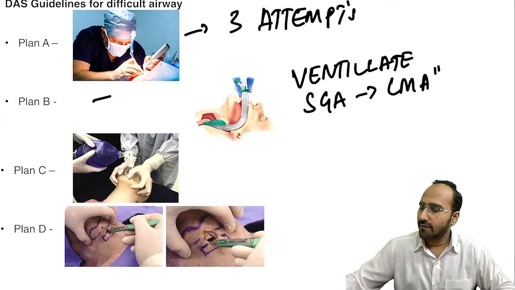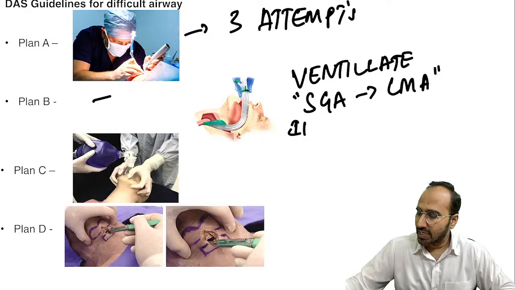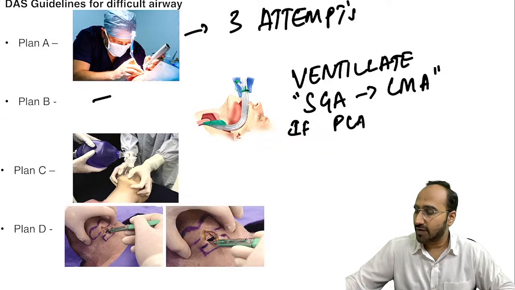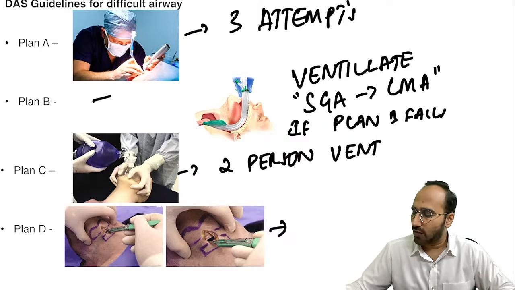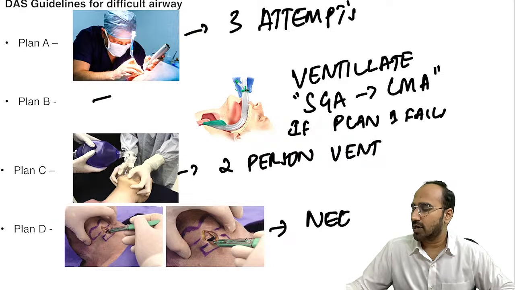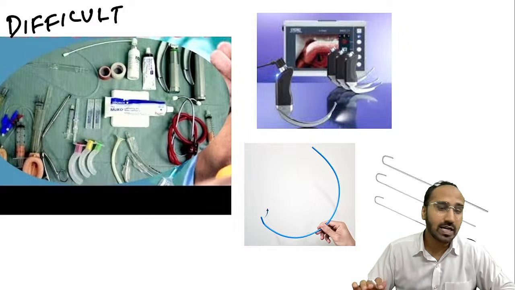If plan B fails, you have to go for plan C. What is plan C? That is 2% technique of ventilation. If that also fails, then you have to go for needle cricothyrotomy or tracheostomy. Okay, but this is the difficult airway trolley, guys.